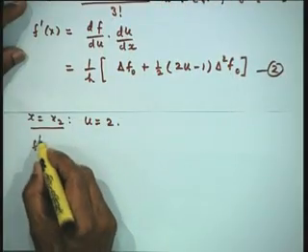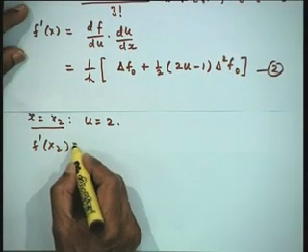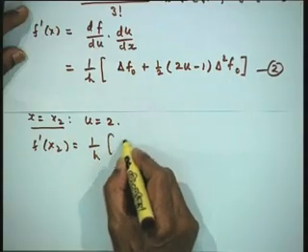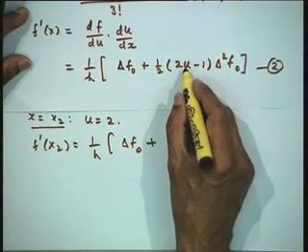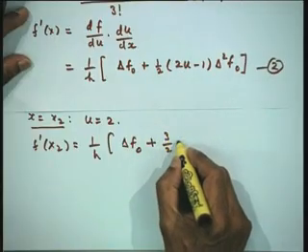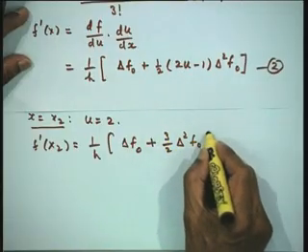So we will have here f prime at x2 is 1 upon h, delta f naught plus, this is 4 minus 1, that is 3 by 2, delta squared f naught.